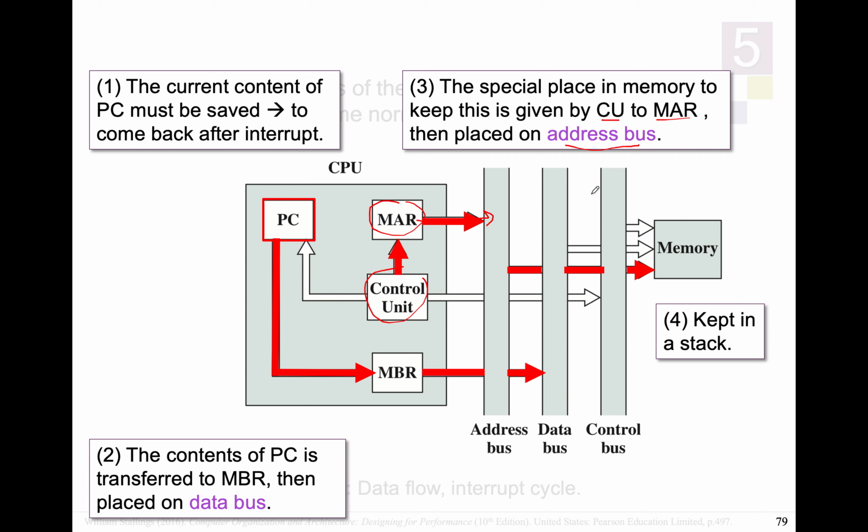After that, step number 4: because this is the address, you need to store it into your memory. Keep it in a stack. Whatever value you interrupt, you're going to store inside your memory.